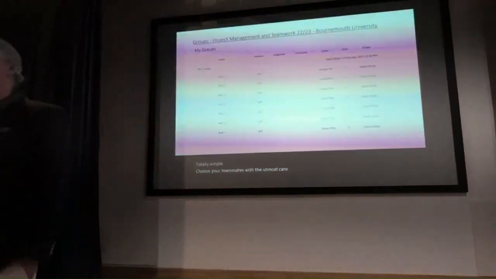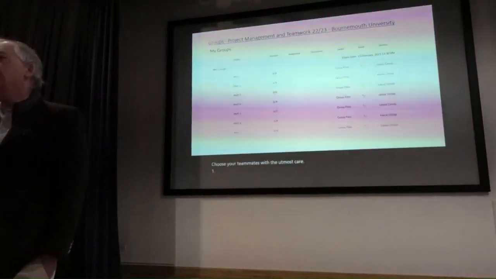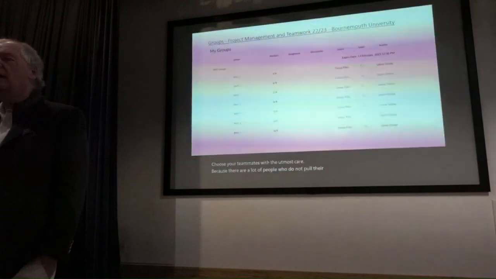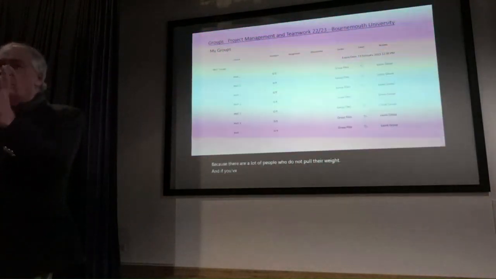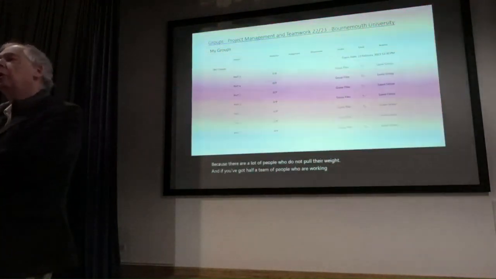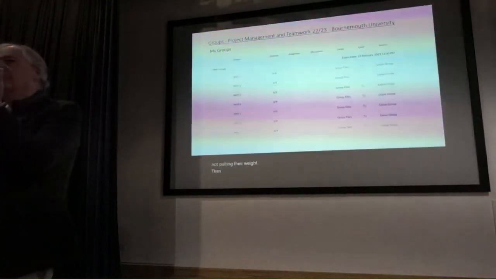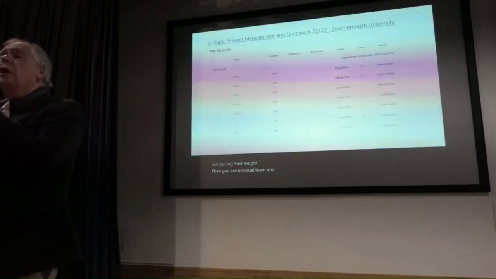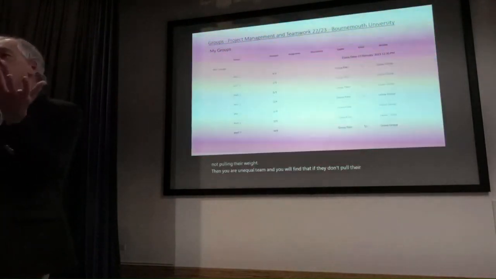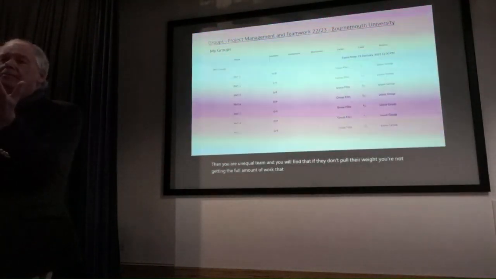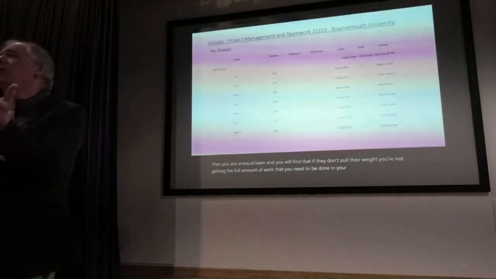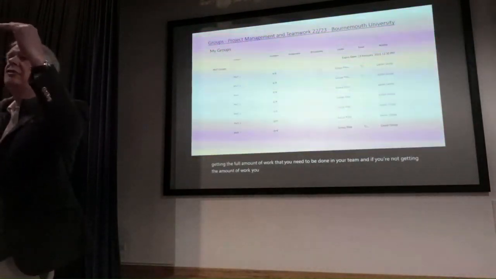Why? Because there are a lot of people who do not pull their weight. And if you've got half a team of people who are working and half a team of people who are not pulling their weight, then you are an unequal team. And you will find that if they don't pull their weight, you're not getting the full amount of work that you need to be done in your team. And if you're not getting the full amount of work, you will not get the mark that you deserve.